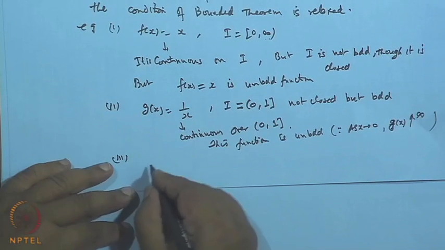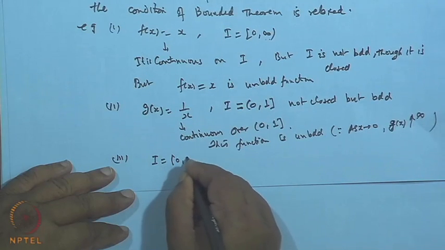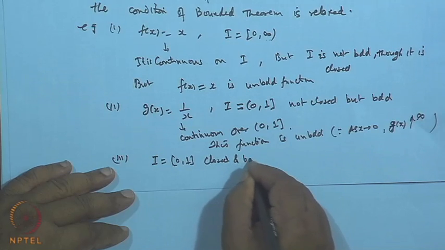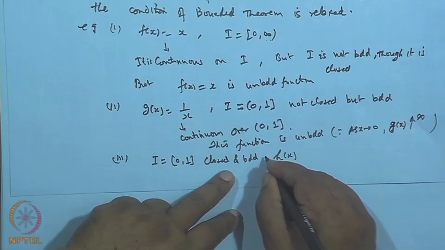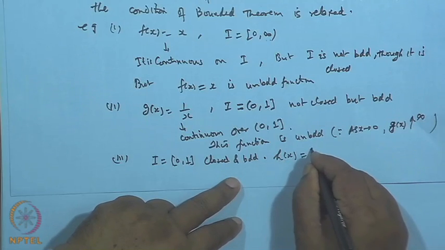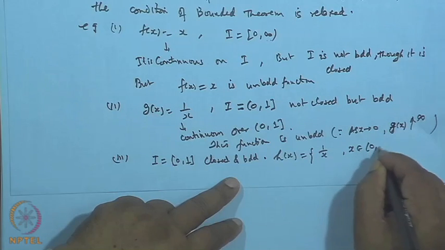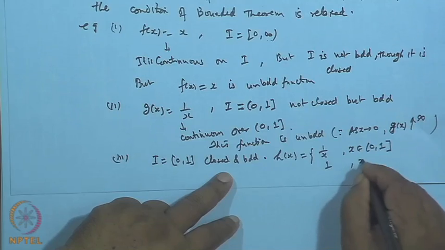Then if I take the interval I as a closed and bounded interval, but now I am taking the function h(x) = 1/x if x belongs to the interval (0, 1], and 1 if x is 0.